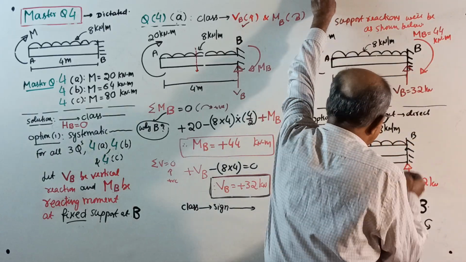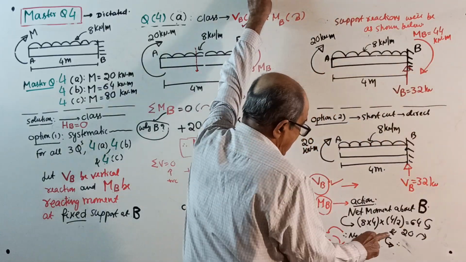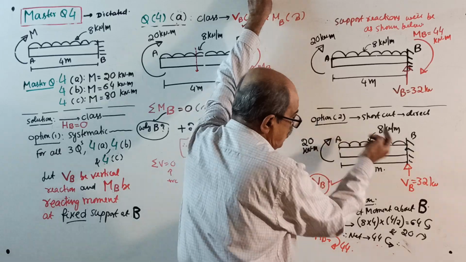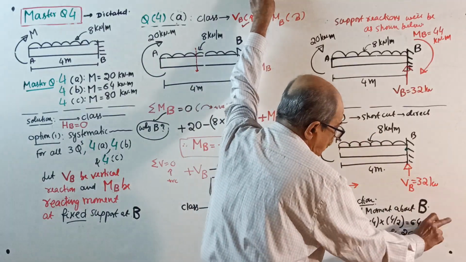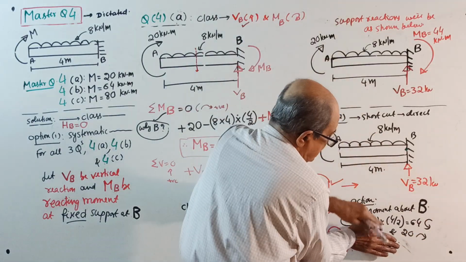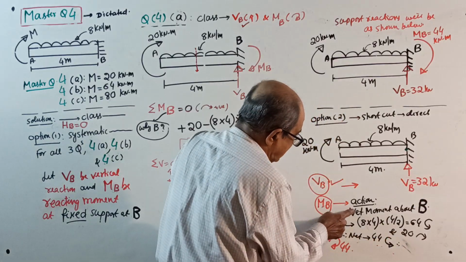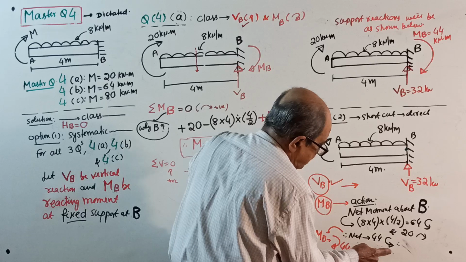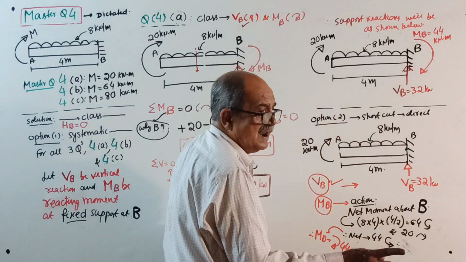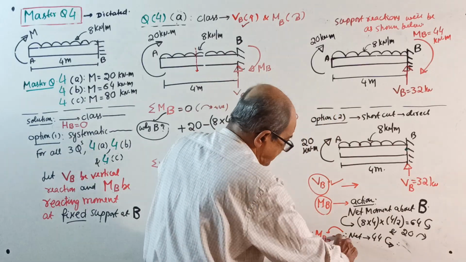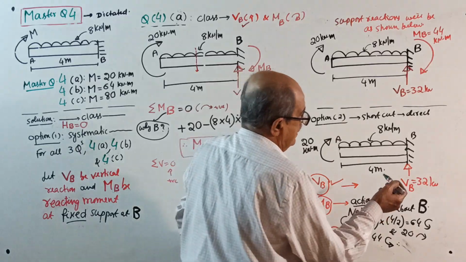That is 64 anti-clockwise and a couple of 20 clockwise. 64 anti-clockwise, 20 clockwise means net is 44 anti-clockwise action. So MB is 44 clockwise. Over. Enter here.